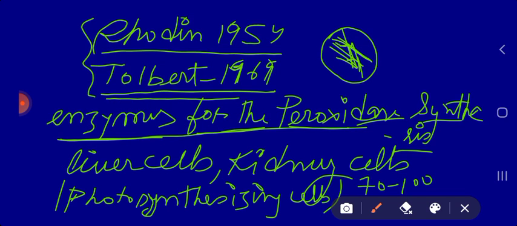Now let us discuss the enzymes found in the peroxisome. The enzymes that are found in the peroxisome are glycolic acid oxidase.